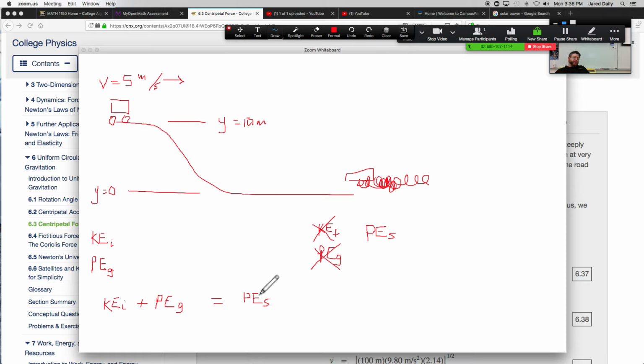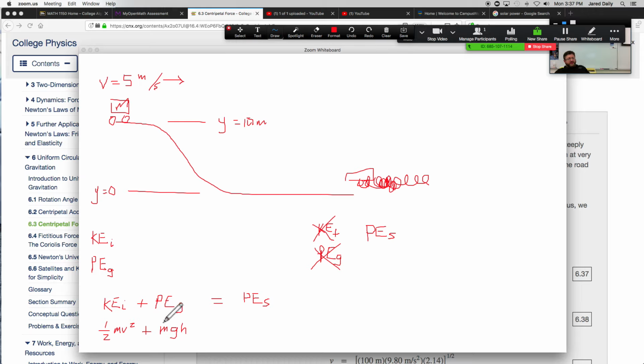Now, what do you do with these things? Well, each one of these has a definition. Kinetic energy is 1/2 times mass times velocity squared. Let's say that we told you the mass and we did tell you the velocity, then you're good. You can calculate that and get a number for it. Potential energy is m times g times h, where g is positive 9.8.